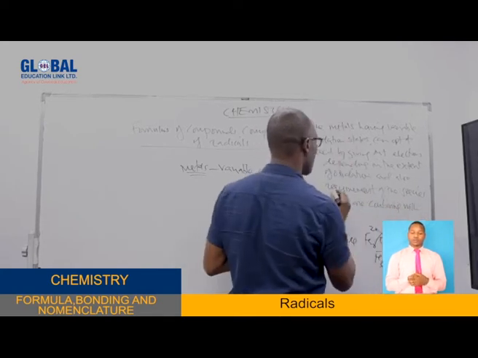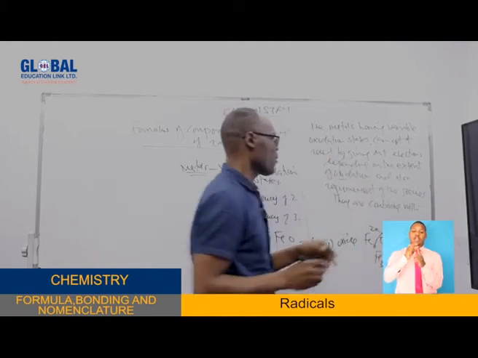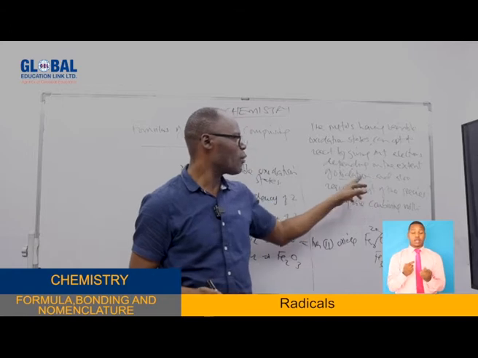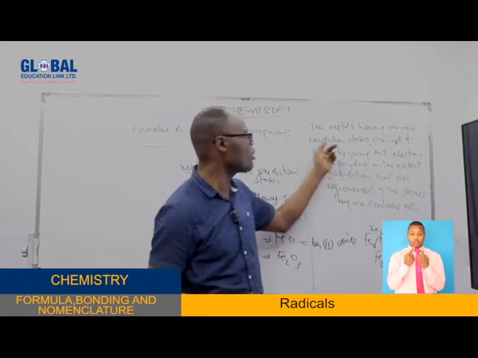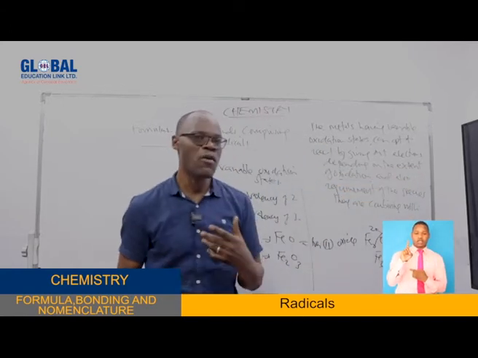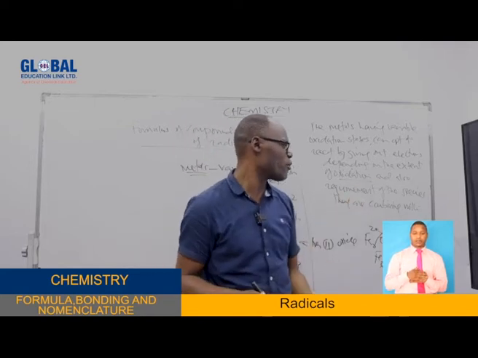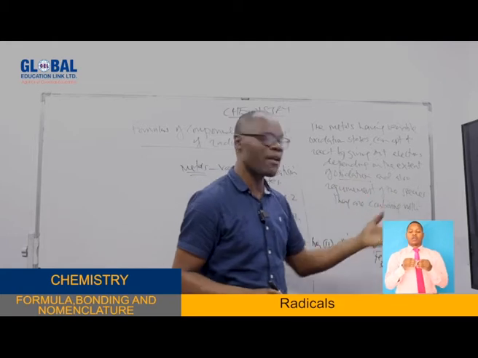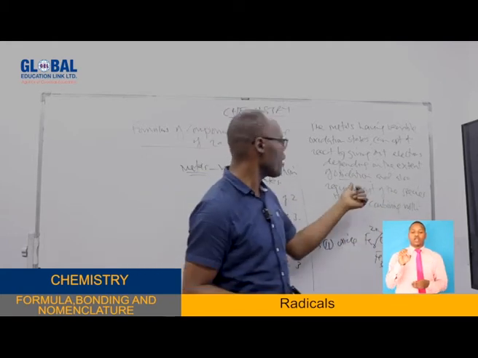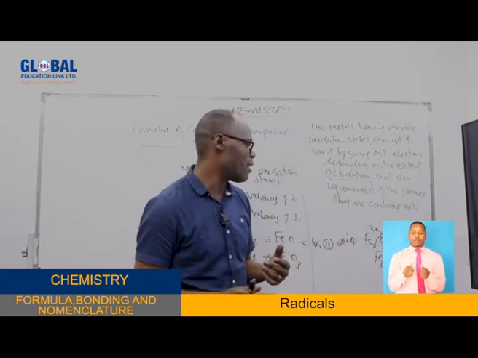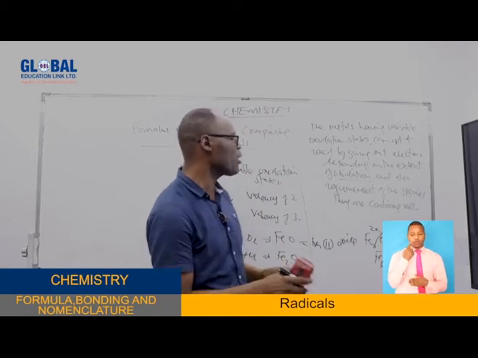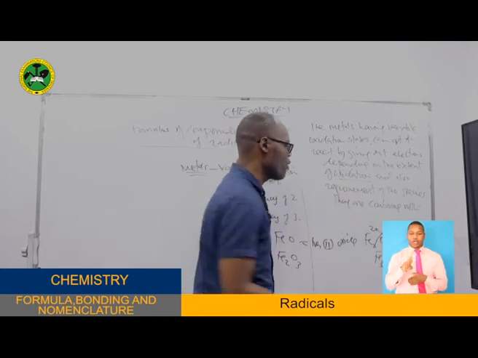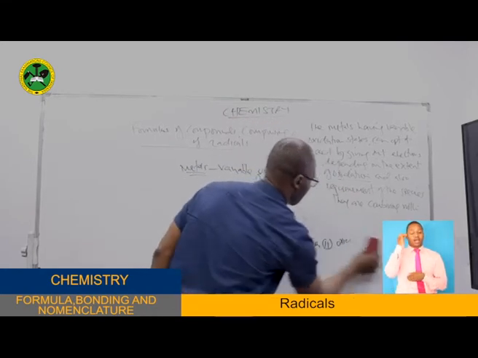I've written the word oxidation. In our last session, we talked about oxidation, and we said oxidation is loss of electrons. Because this metal is losing electrons, it's undergoing an oxidation reaction, loss of electrons. Now, losing electrons depends on how many electrons the species requires. At the same time, iron is also looking for stability. So stability and the requirement of the particular element it is reacting with can give us an idea of the kind of oxidation states.